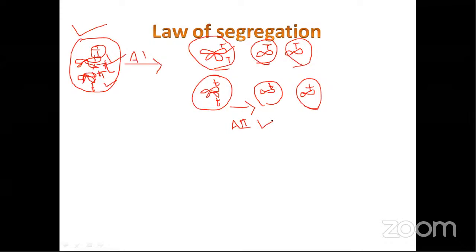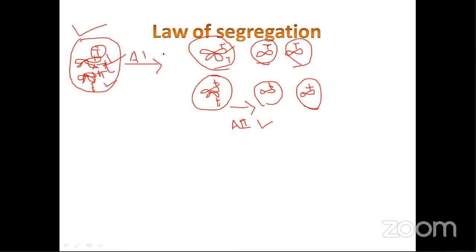So if there is no crossing over, allelic segregation occurs at anaphase 1. If there is a crossing over event including the centromere, then allelic segregation occurs at anaphase 2, not anaphase 1. That is the important point you need to remember. So that is about the law of segregation.